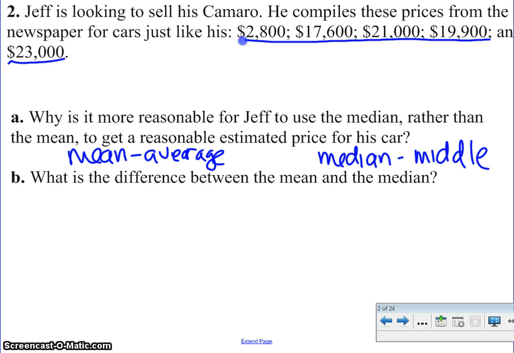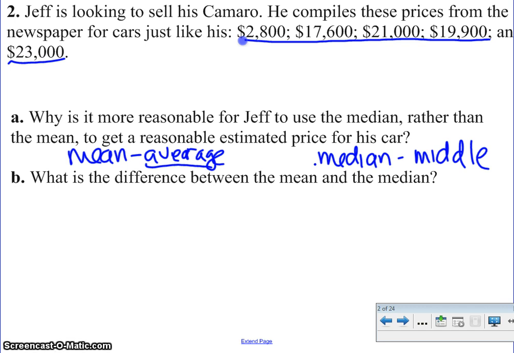But the difference is you all are 16, 17, 18, some 19, maybe even 20, but I was 45. So I had a huge impact on the mean because of my age, whereas the middle, if we were to line us up in order from youngest to oldest, would not be as impacted.